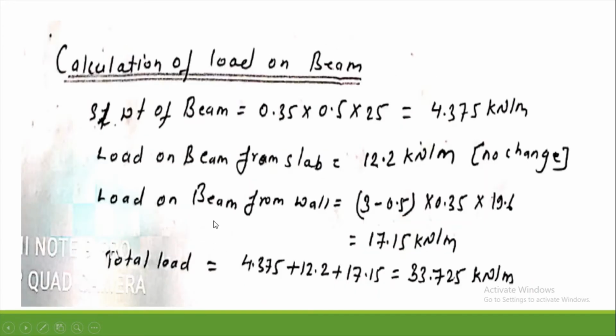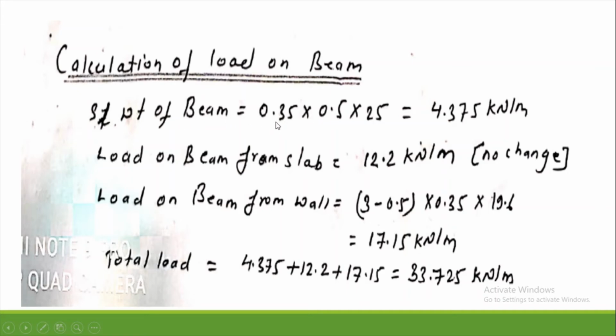Now after that, again calculation of load on beams. We have to calculate load for beams again, because self weight of beams and load on beam from wall depend on the sections. But the load on beam from slab does not depend upon the sections, so it remains the same. For self weight of the beams, our width and depth of beams are going to change, so we have to calculate self weight of beam again.